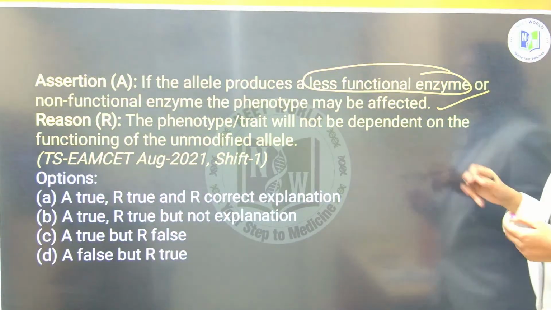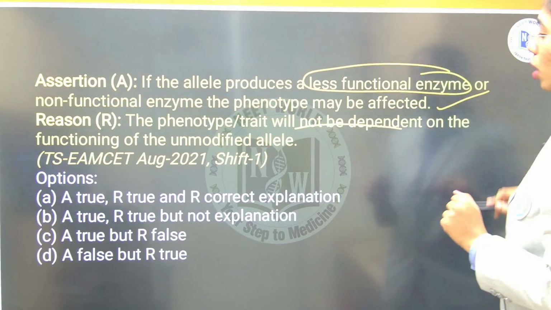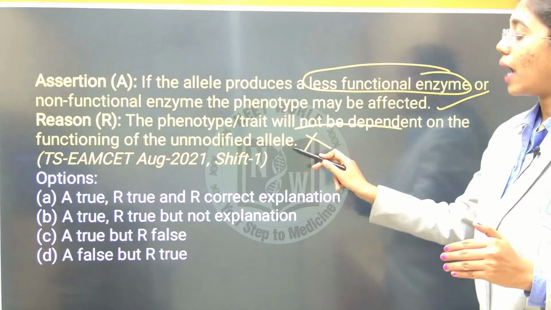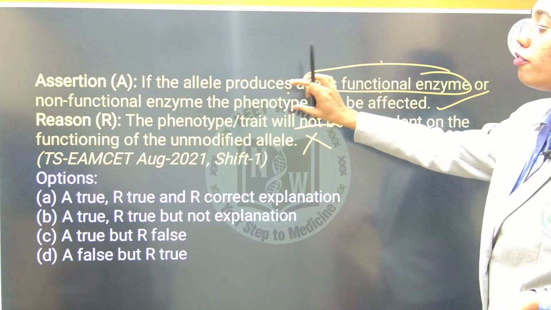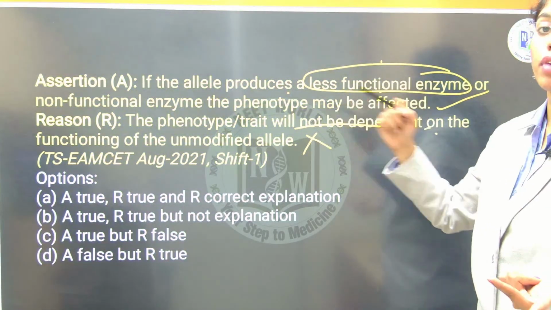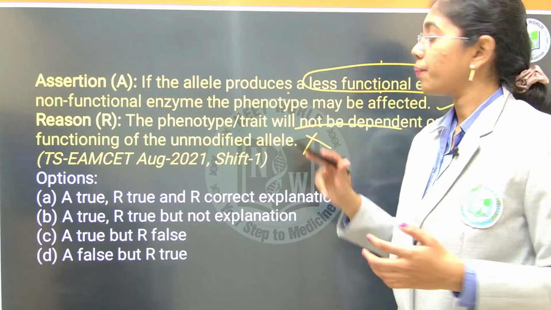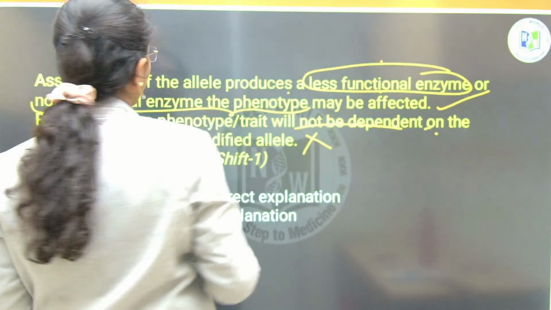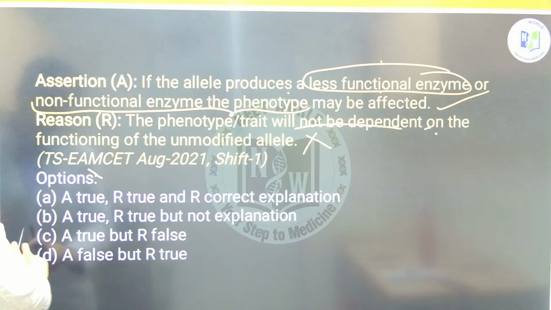The phenotype or trait will be dependent on the functioning of the unmodified allele? No. Unmodified allele means dominant allele, whereas these are the traits of the modified allele, which means recessive allele, that is less functional enzyme or non-functional enzyme at all. These are the traits for the recessive or modified allele. Clear, right? So here assertion is true but reason is false, which is option C.